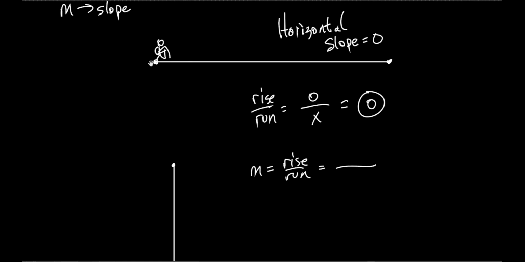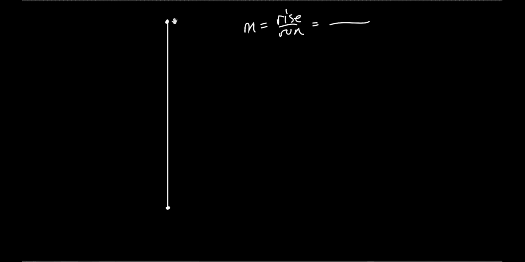Remember, this was along the x-axis, so what did I call it? x distance, right? Horizontal distance would be x distance. So what is the rise from here to here? It'd be y. No, it's not 0, because from here to here that's not 0 distance. That's whatever distance. You can use any letter. I use y because it's going up and down the y-axis, right? It's vertical.